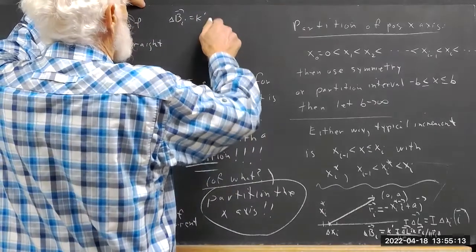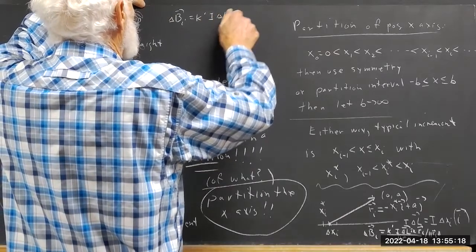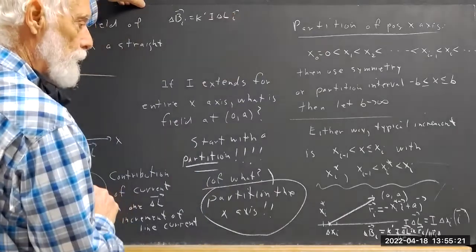So we have K prime times I delta L times your I vector.